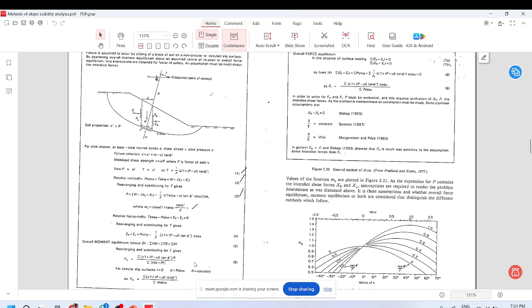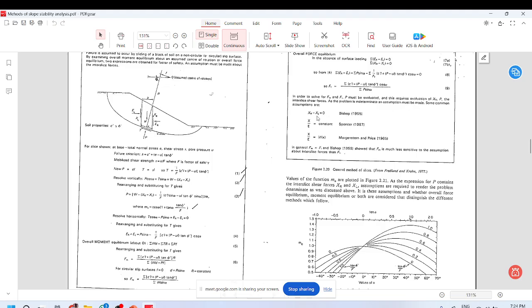In order to solve these, you take some assumptions for the interslice forces. So it is as simple as that. There is a slice, there is a body, you draw the free body diagram, you take the moment equilibrium, you take the force equilibrium. Then these are the forces acting on the body.